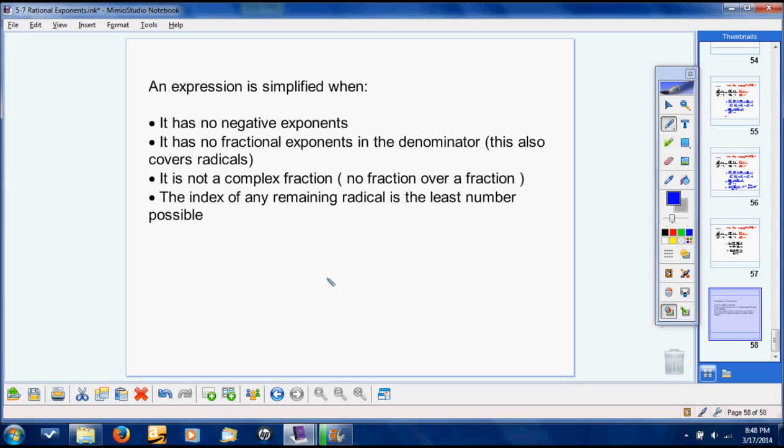Okay, so this also covers radicals, because remember, a radical is nothing more than a fractional exponent. It is not a complex fraction, in other words, no fraction over a fraction.